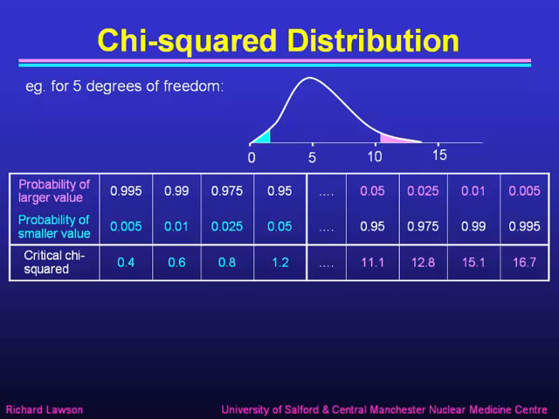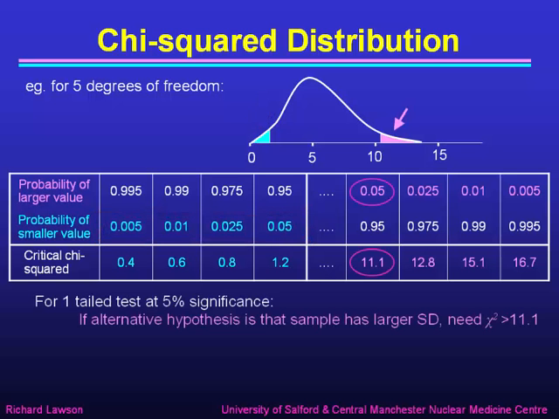But here for 5 degrees of freedom you can see that because the chi-squared distribution can't go negative, it's cropped a bit more at the left hand end where it can't go below 0, with a longer tail at the right hand end. So I've shown here in purple the probability of getting a larger value, the right hand tail of the distribution, and in blue the probability of getting a smaller value at the left hand side of the distribution.